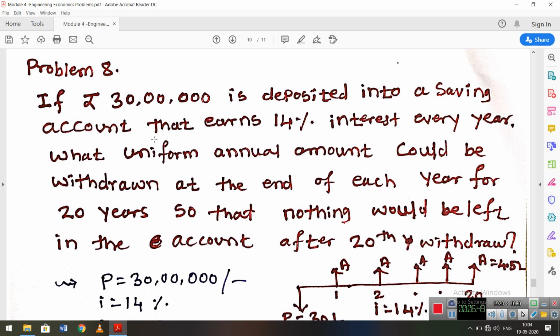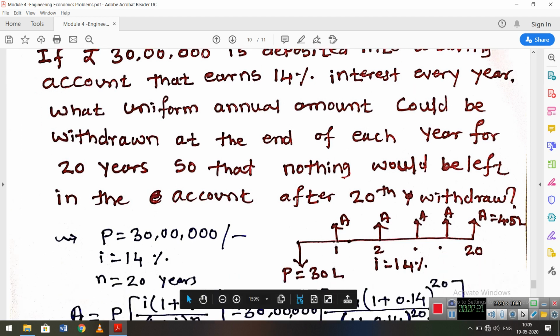After 60 years, he thinks he may live up to around 80, so for the next 20 years he wants to withdraw, because he cannot keep the whole amount at home. He deposits the amount into the bank, and the bank gives him 14% interest. But at the end of every year, how much will he get back?